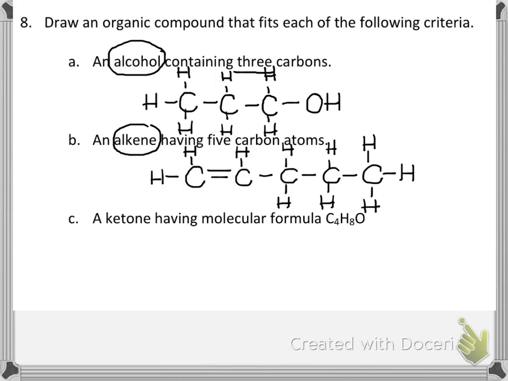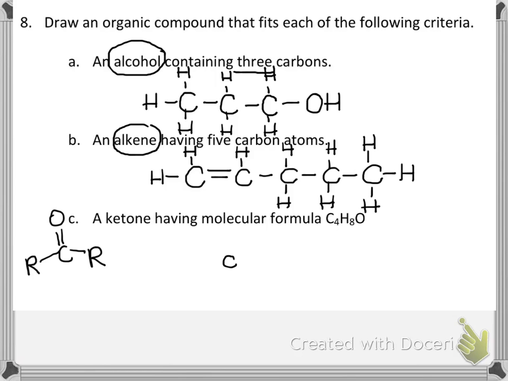Now the last one is we're writing a ketone with a molecular formula of C4H8O. So we have to look up ketones, and ketones have a C double bond O. If you look it up on the table, they have a C double bond O with R's on either side, and the R's are just carbon groups.